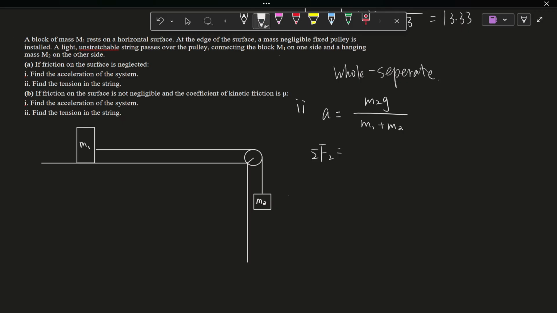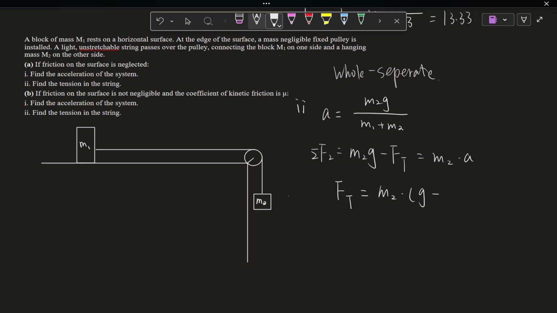So the net force will just be m2g minus Ft is equal to m2 times a. And you'll get Ft is just equal to m2 times g minus a.